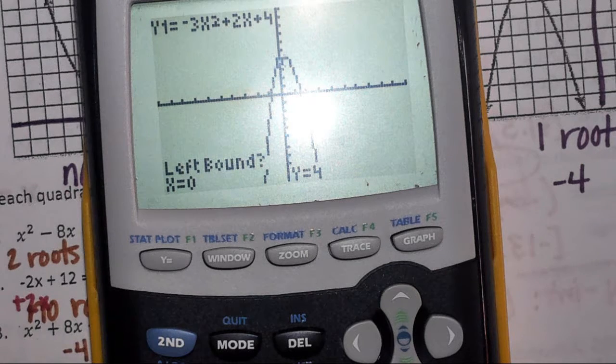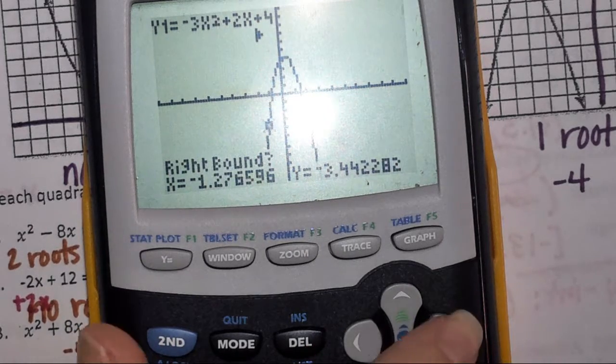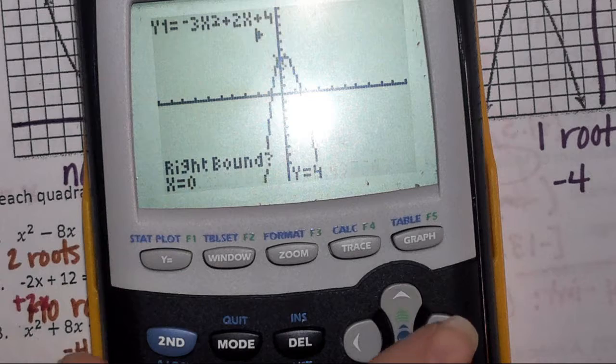So you need to set your first bound in between here and here. And your second bound has to be between here and here. You can't have both of them included in your bounds, or else it's going to freak out on you. Okay, so for my left bound, I go somewhere to the left of that point. For my right bound, I go a little to the right.